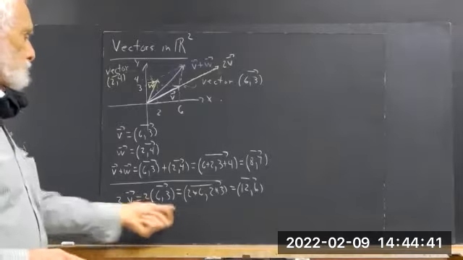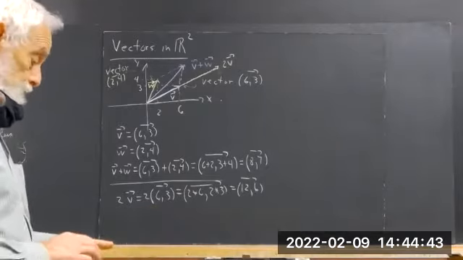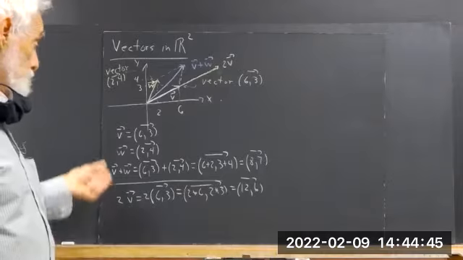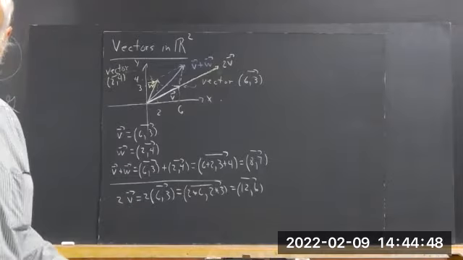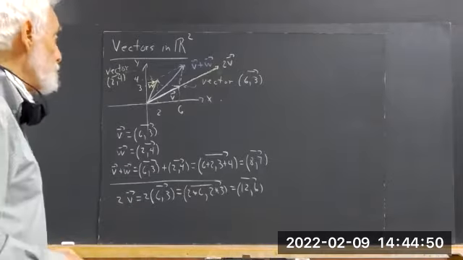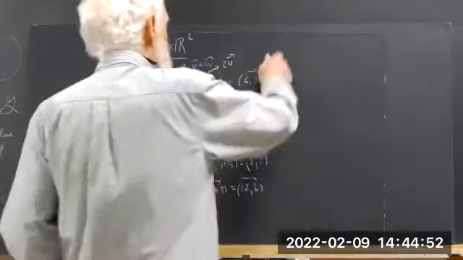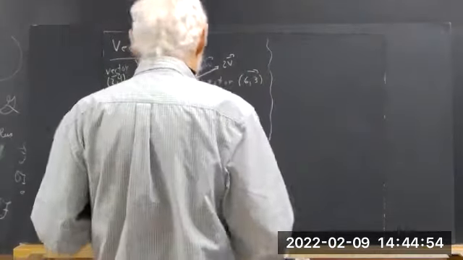Okay, so this is pretty much how you add vectors and multiply vectors by constant numbers. So there are definitions, and you can read those, but they're pretty obvious.